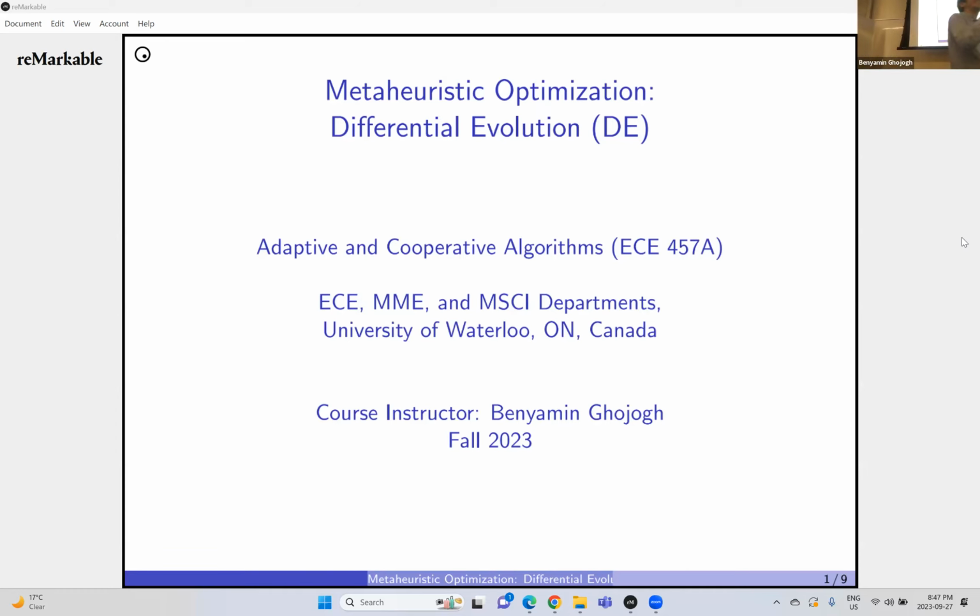Nonlinear dynamics and chaos theory? If you have passed any course in these areas, which are hard parts of the mathematics, you have seen differential equations and partial differential equations, right? However, this is not differential equations. Don't confuse that. This is differential evolution.